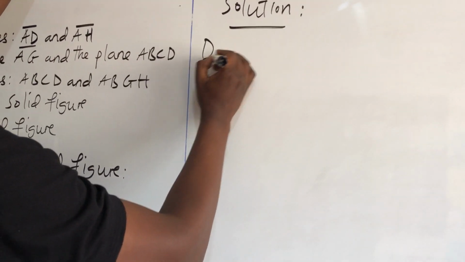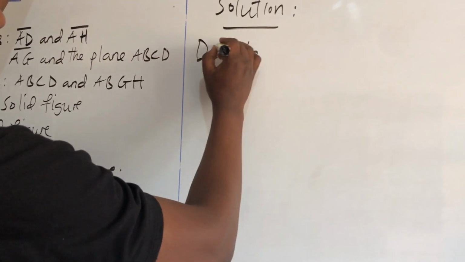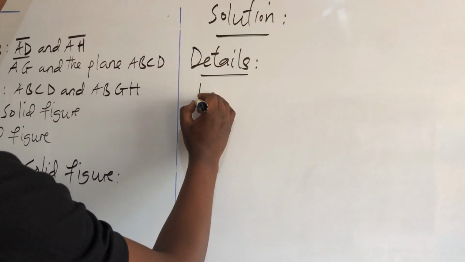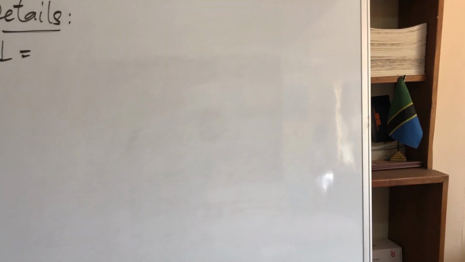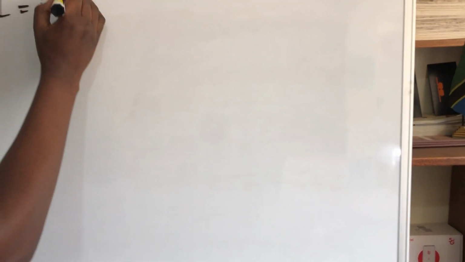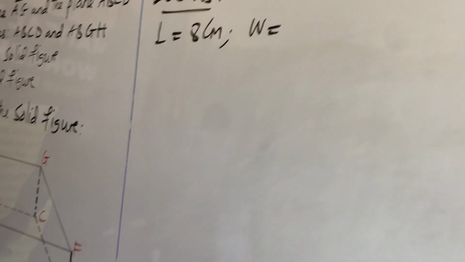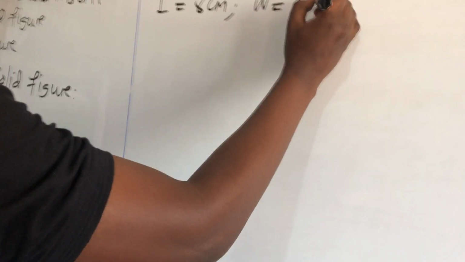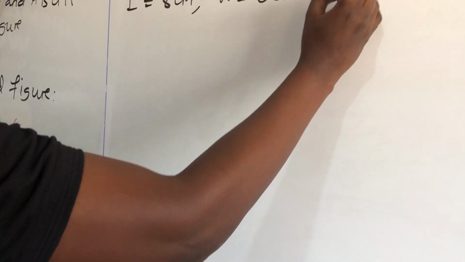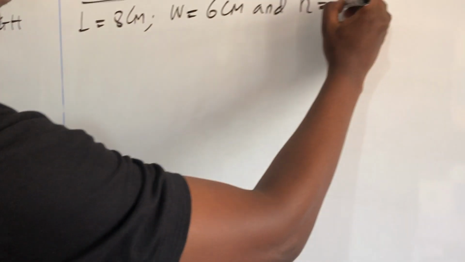So the details that we have here: our length from the figure is 8 centimeters. We have the width, which is 6 centimeters. And the height is 4 centimeters.